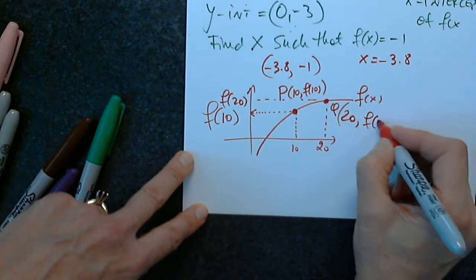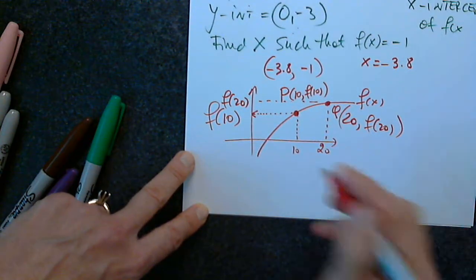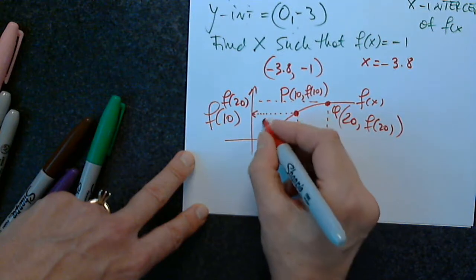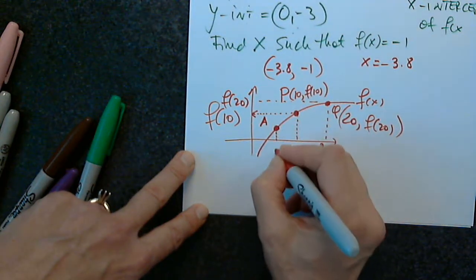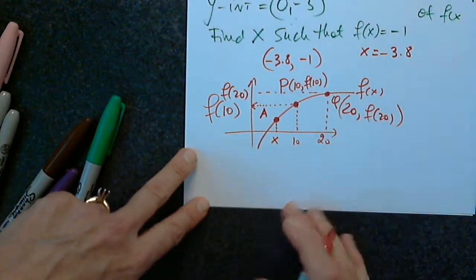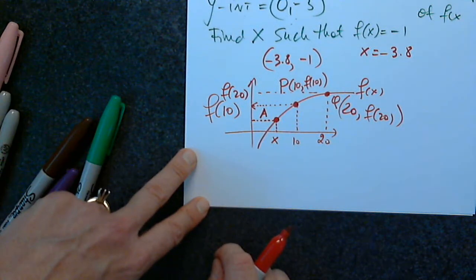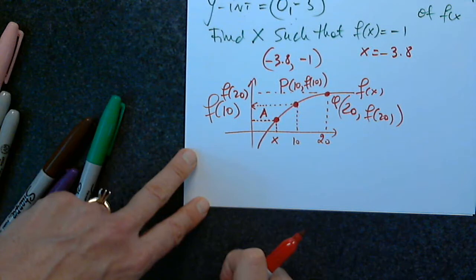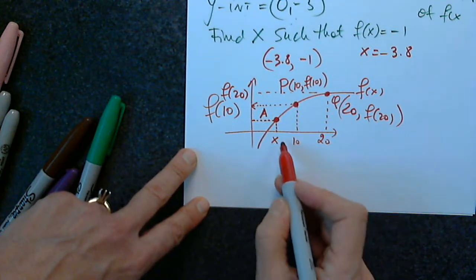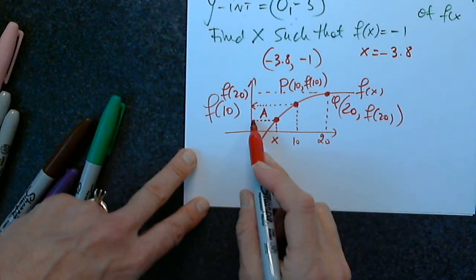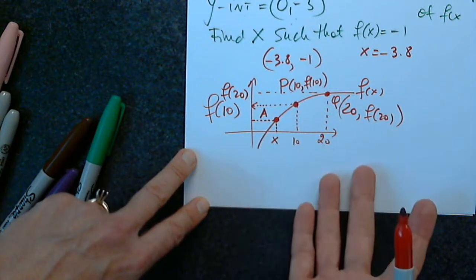20, comma f of 20, good. And now in general, I created now this point A, and I want its x coordinate to be x. What will this be? Say it again. If this is x, this would be, of course, we did the same thing with 10 and 20, right?